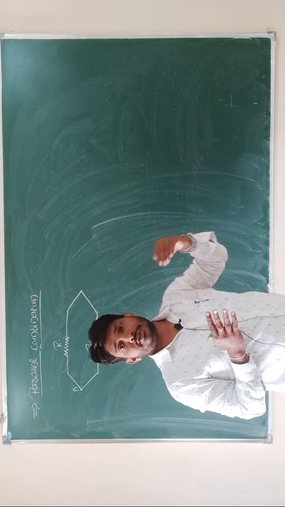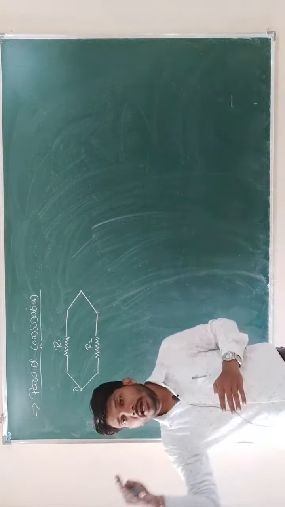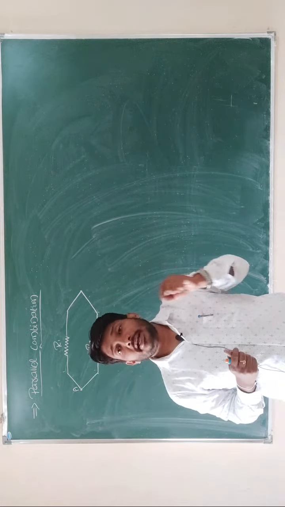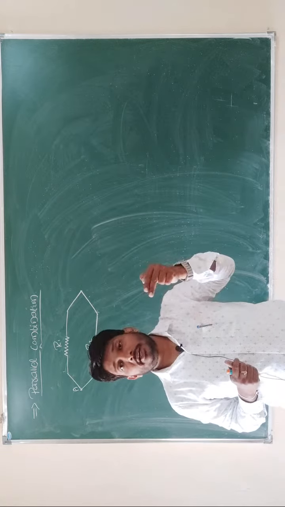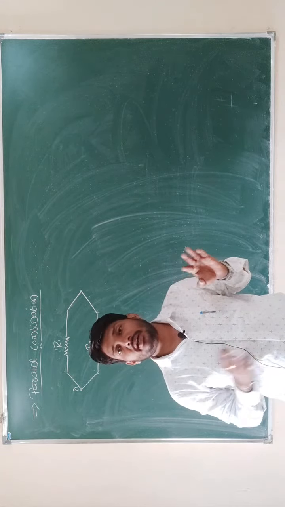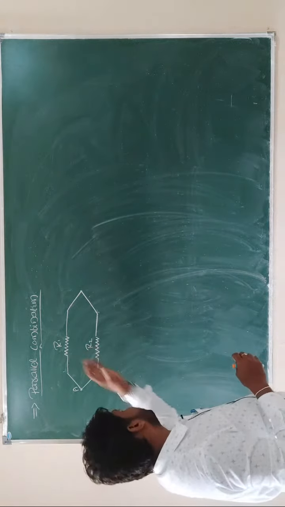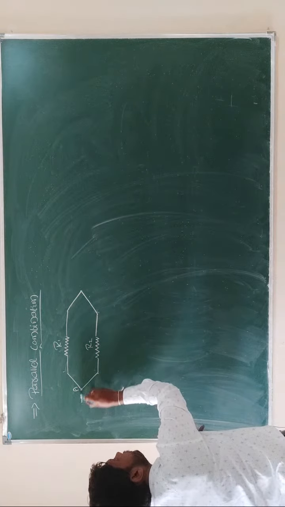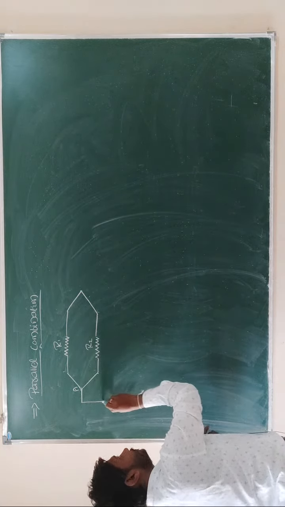Either it may be resistors, capacitors, or cells. If you connect those cells, capacitors, or resistors between two common points, such a combination I will take as parallel connection, right? So the ends of this I will connect to a battery.